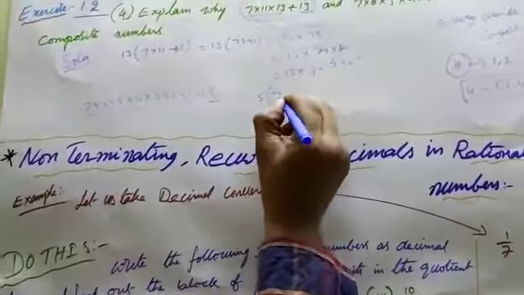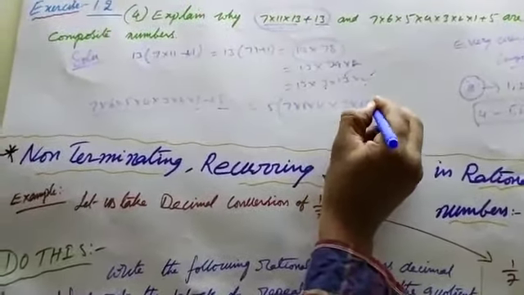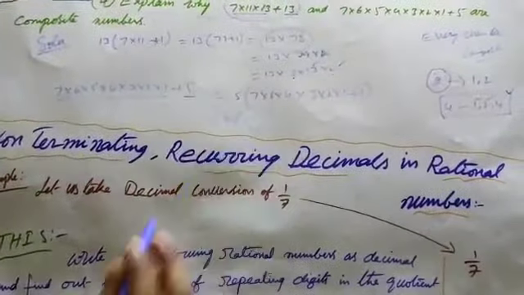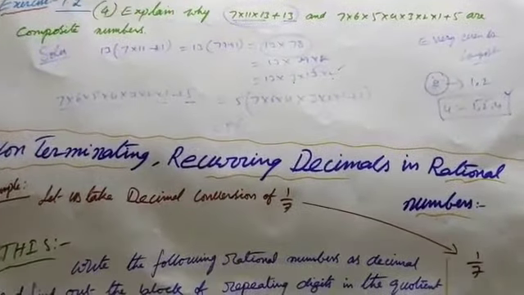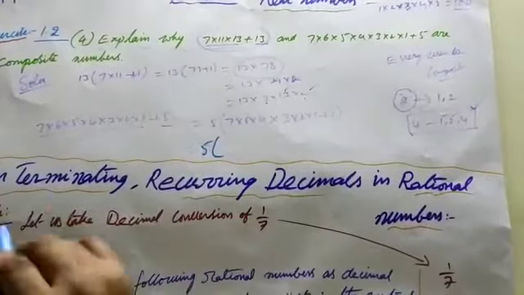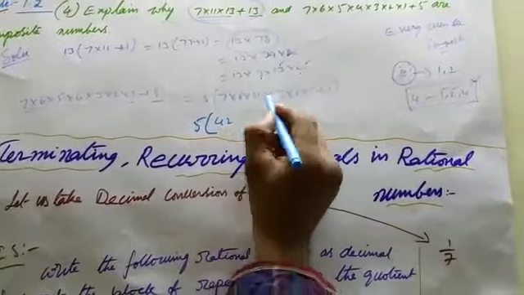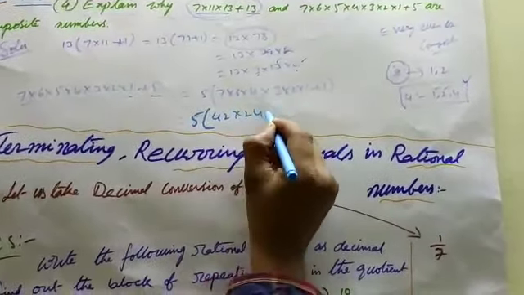What is it? 5 into (7 into 6 into 4 into 3 into 2 into 1 plus 1). 7 sixes are 42, 4 threes are 12, 12 twos are 24, plus 1.